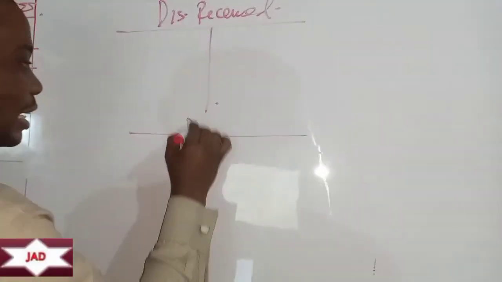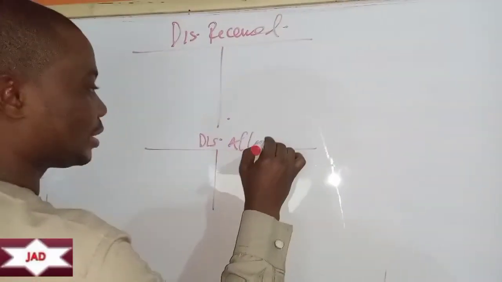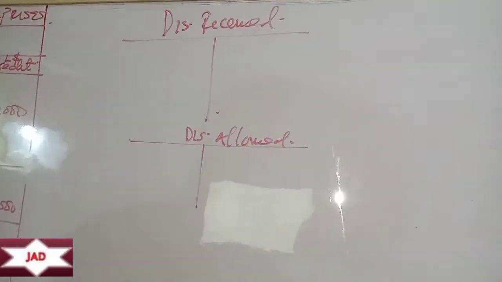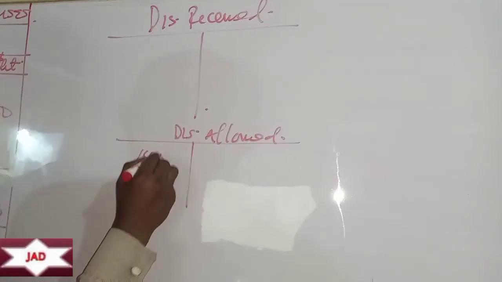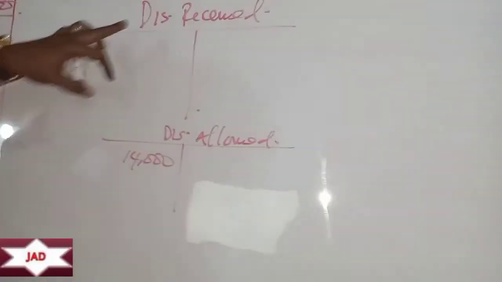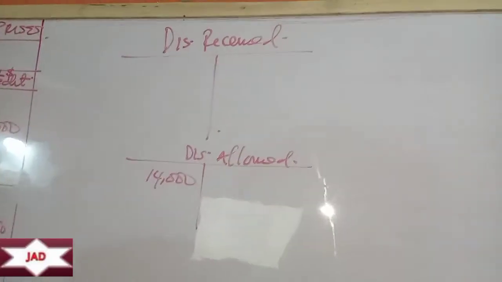Discount allowed is an expense, debit balance. So discount received ordinarily is a credit balance, but they now say they debited it to discount allowed. So discount allowed is taking 14,000 as an expense, but it's an income of 14,000.